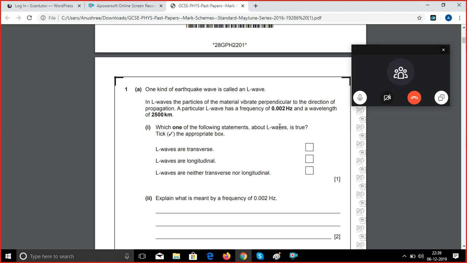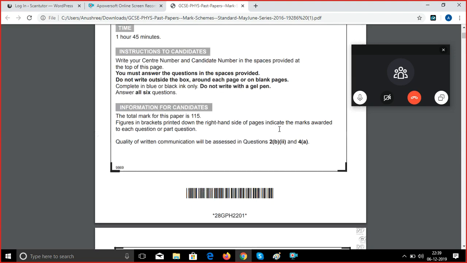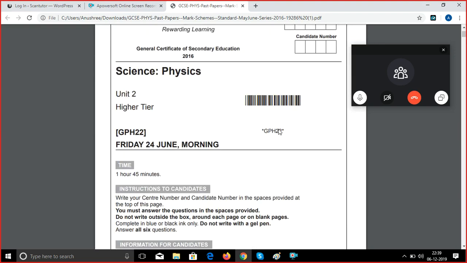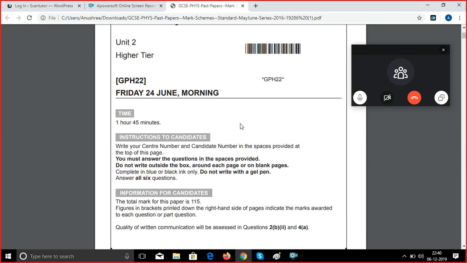Could you scroll up, please? Up to the starting page. So it's Friday, 24th June morning. Okay, let me send you the correct one.